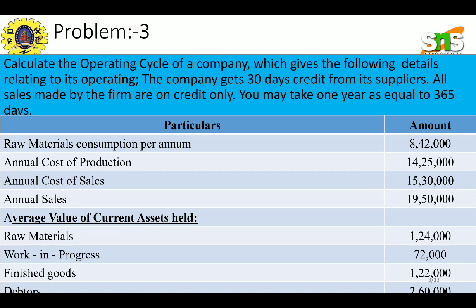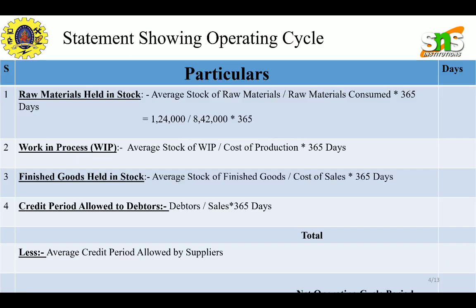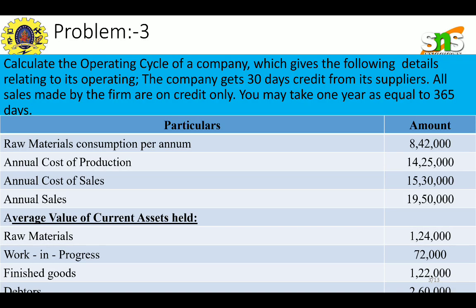Let's go for the solution with the help of the statement we already discussed. First we find the raw material held in stock. The formula is average stock of raw material divided by raw material consumed into 365 days.